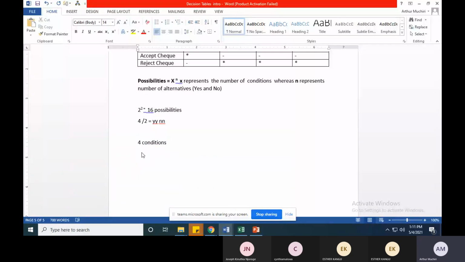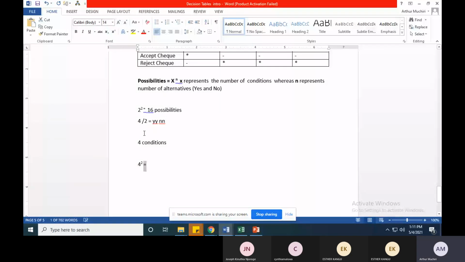So you're going to say you have four conditions, you raise it by 2. This is the number of alternatives. So what will be the answer for that? How many possibilities are you going to get? 16.